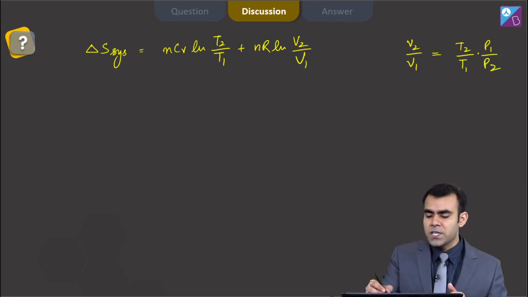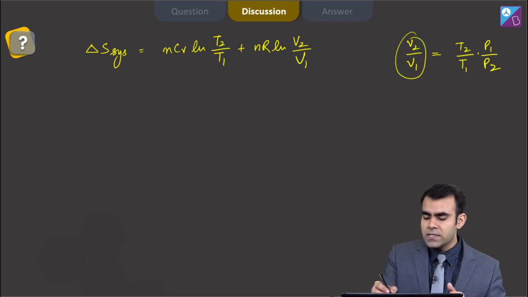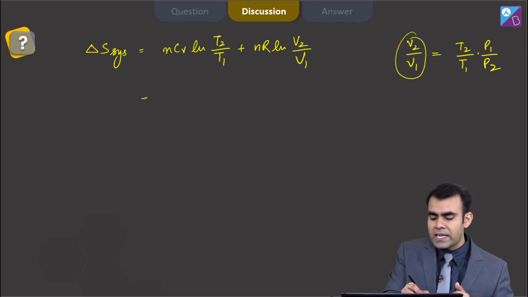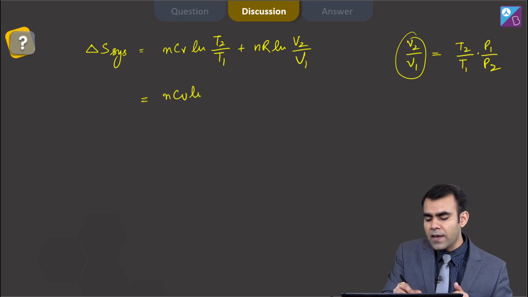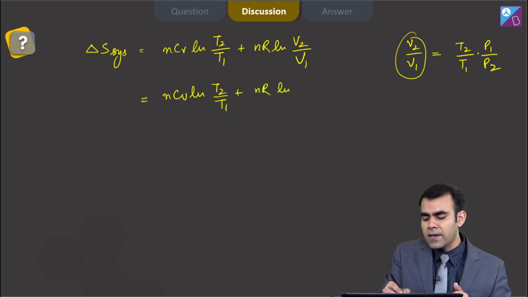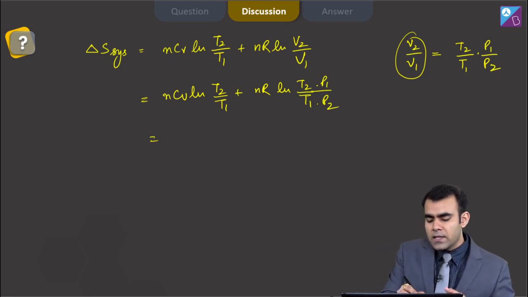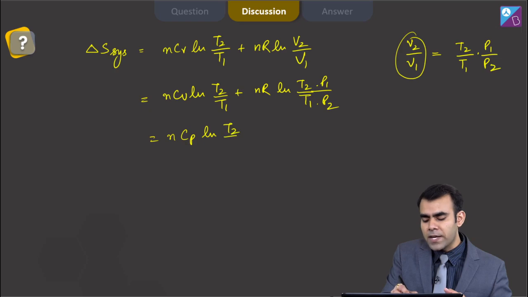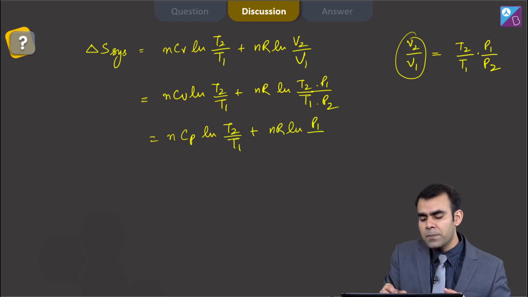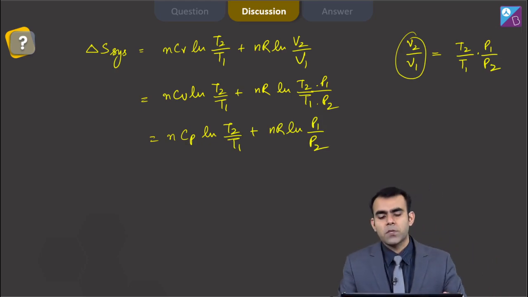Substituting this, the equation reduces to nCp ln(T2 by T1) plus nR ln(P1 by P2).